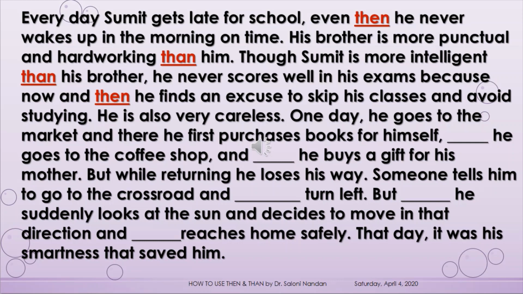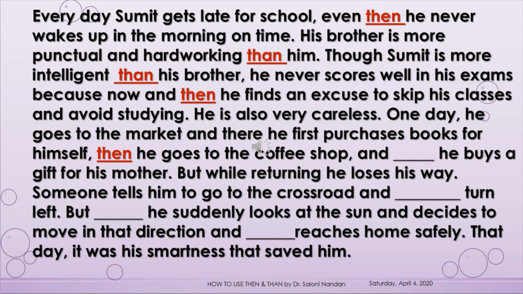He is also very careless. One day he goes to the market and there he first purchases a book for himself dash he goes to the coffee shop. Yes, what will come here? Then will come here because we are talking about the sequence of events.